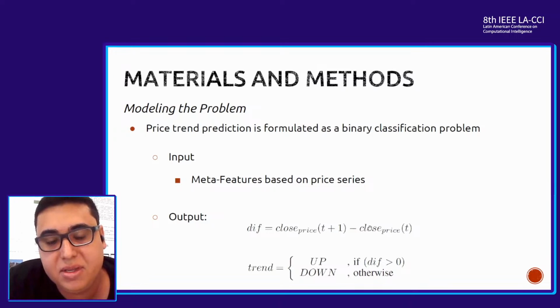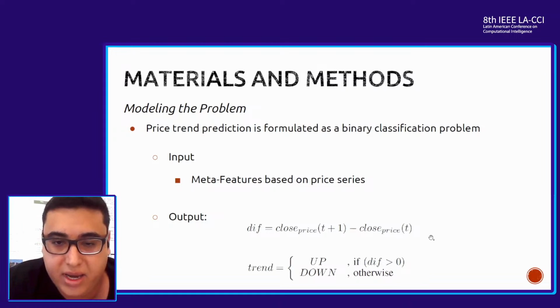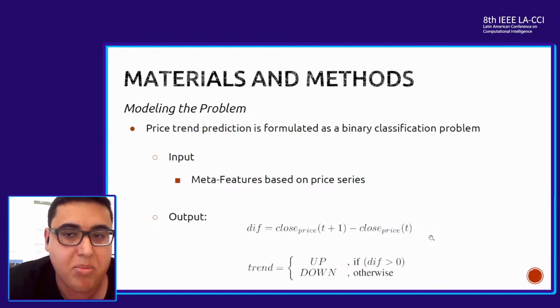If this difference is positive, we have an uptrend. If this difference is negative or equal to 0, we have a downtrend. So we have a binary classification problem.